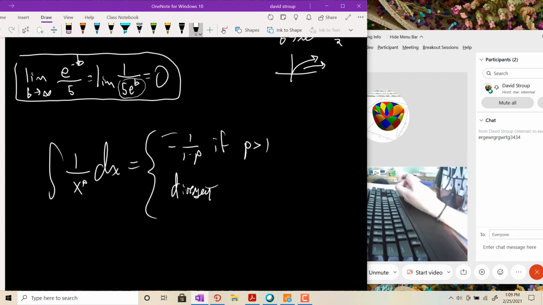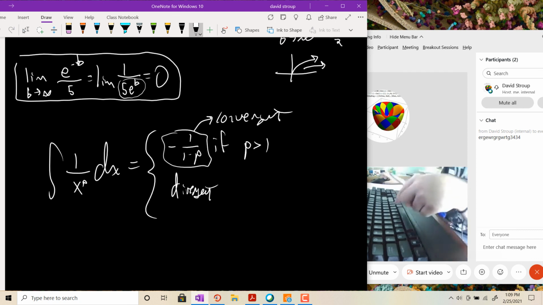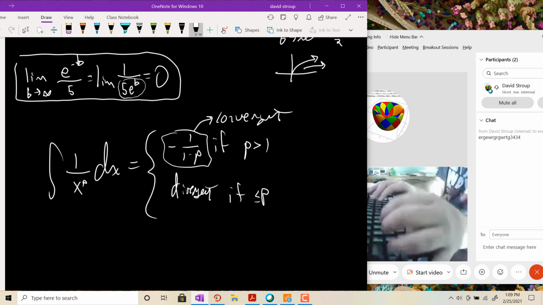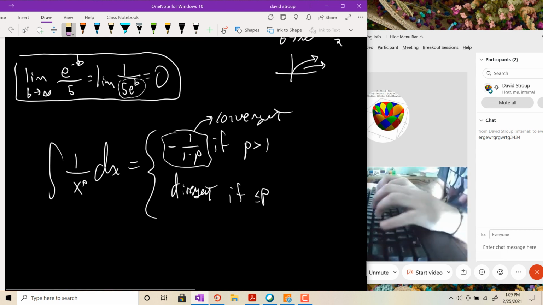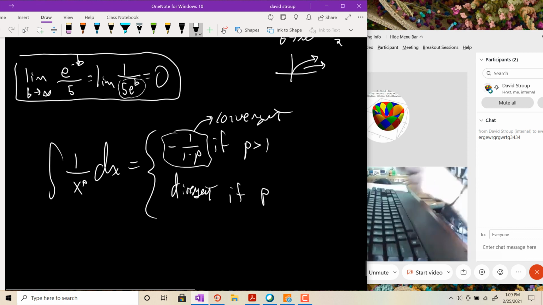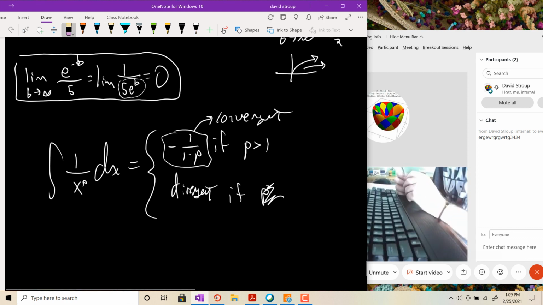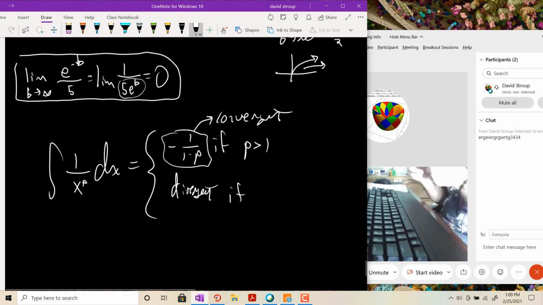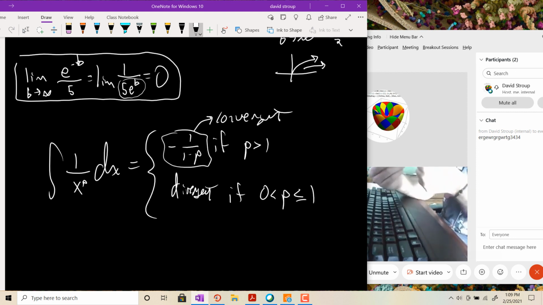So this is a convergent case because it equals something. It'll be divergent if p is greater than 0 but less than or equal to 1. Sorry, I can't get the eraser. I'm doing like 3 things at once here. There we go. And we'll see that same criteria pop up when we're doing the summations in Chapter 9.